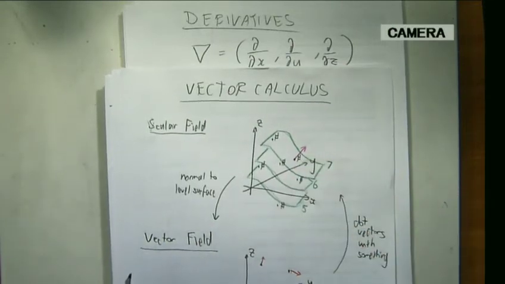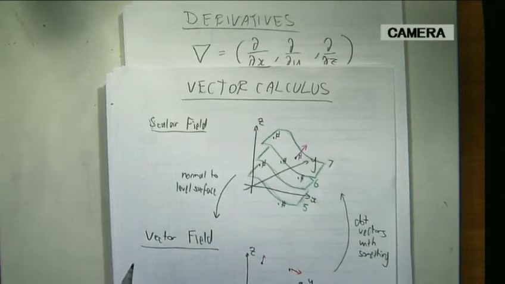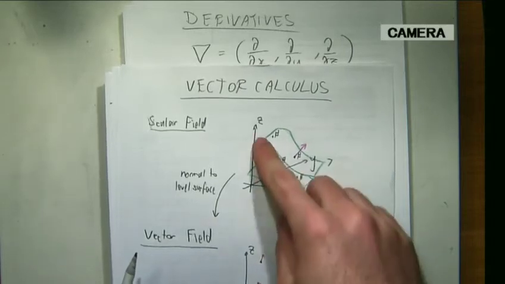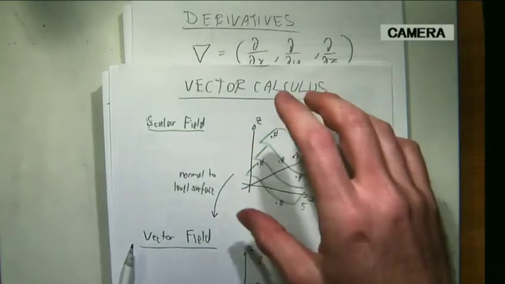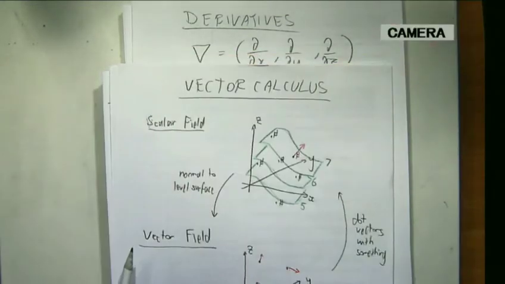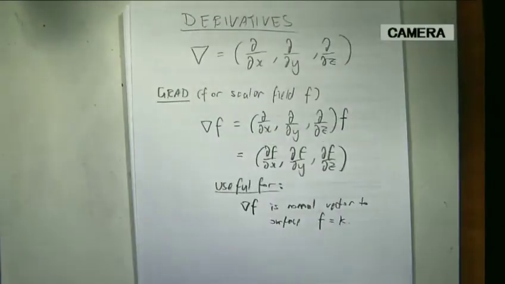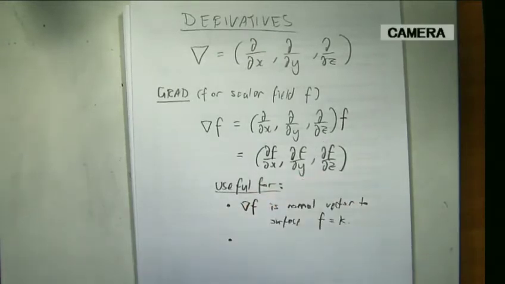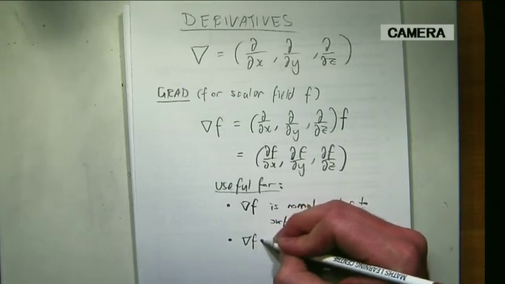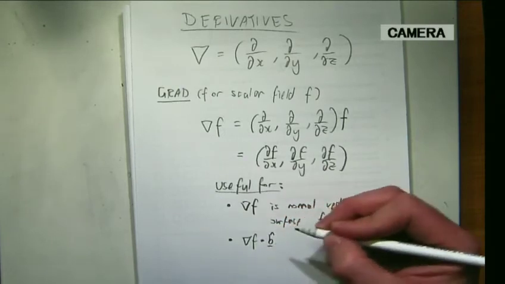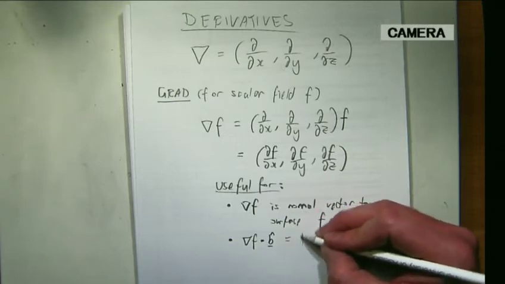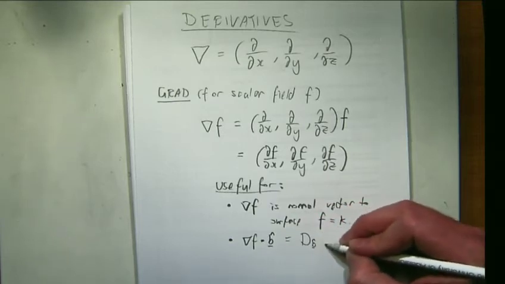Grad f will be different at every point, because it's still got an x and a y and a z in it somewhere. But at every point, grad f will describe the direction of that pink vector, as long as that level surface has been produced by a scalar field. And it's also that grad f dot with some unit vector is the directional derivative in the direction of that vector.